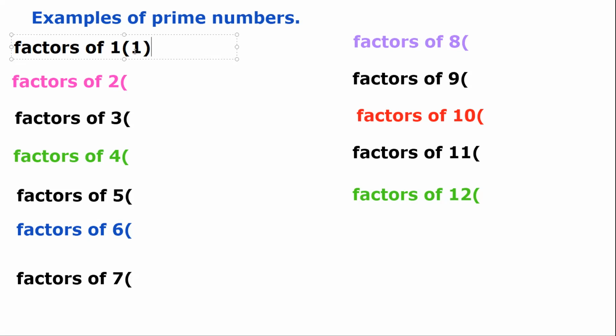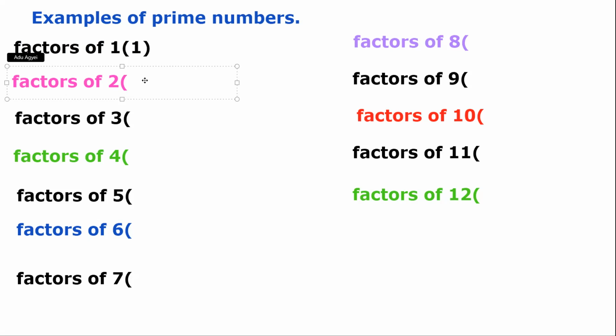It has only one factor. Okay, good. So 1 is neither prime nor composite, because a prime number is a number with exactly two factors, while a composite number is a number with more than two factors.